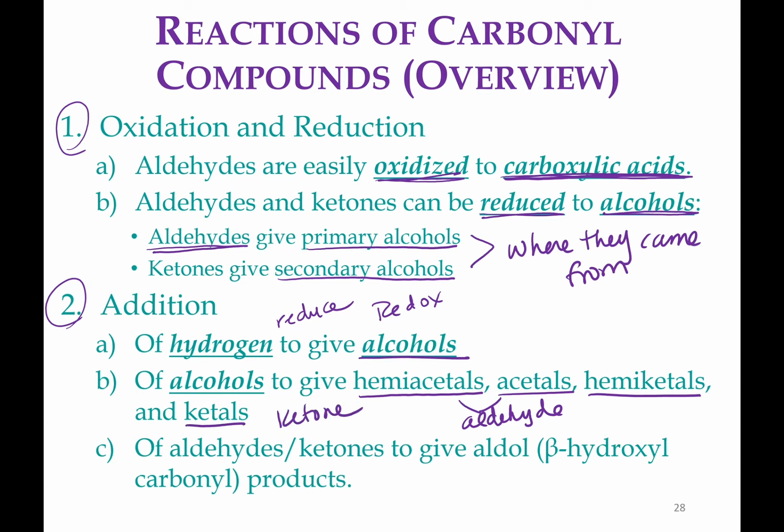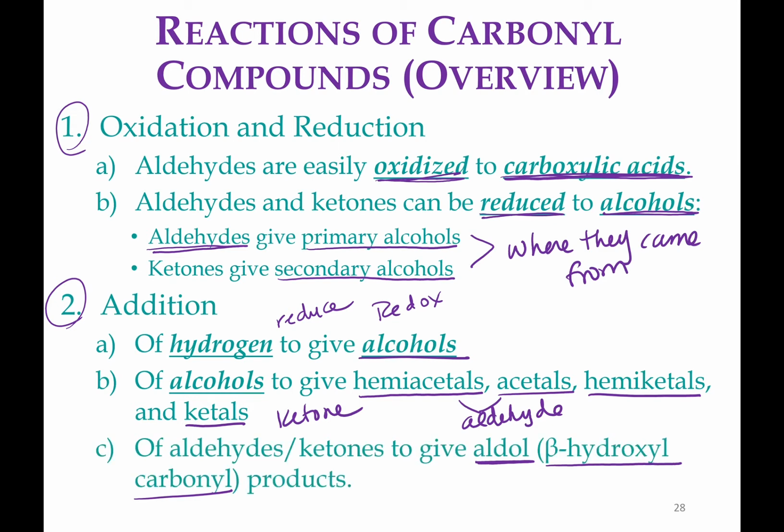I think they're moving now to calling all of them ketals and not being as specific about the acetal, but I'm going to continue to be specific through this, and I want you to be as well. Aldehydes and ketones can also react with each other to give what's called an aldol reaction, which is also known as a beta hydroxyl carbonyl product. So we're going to go through each of these.